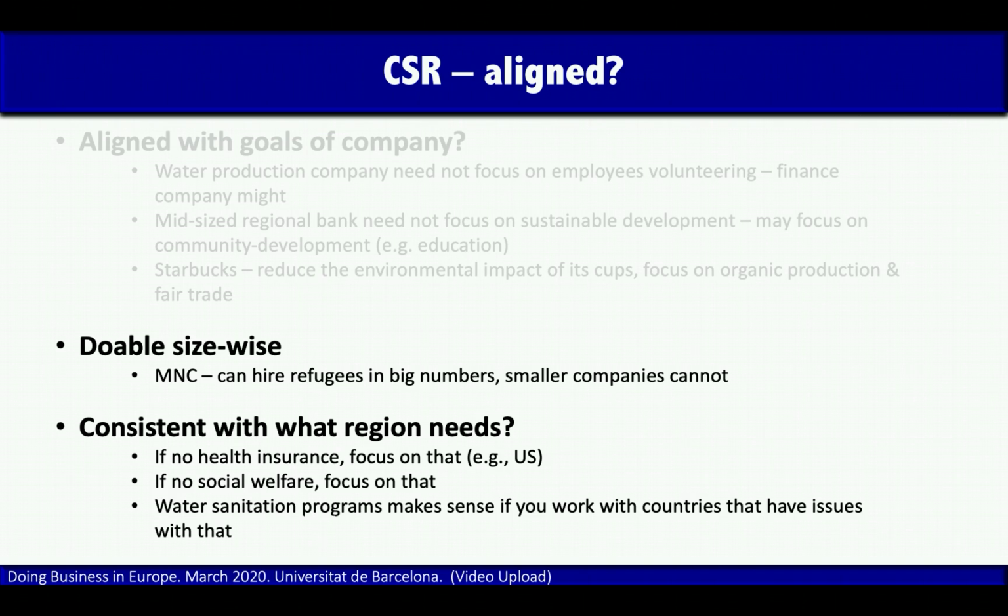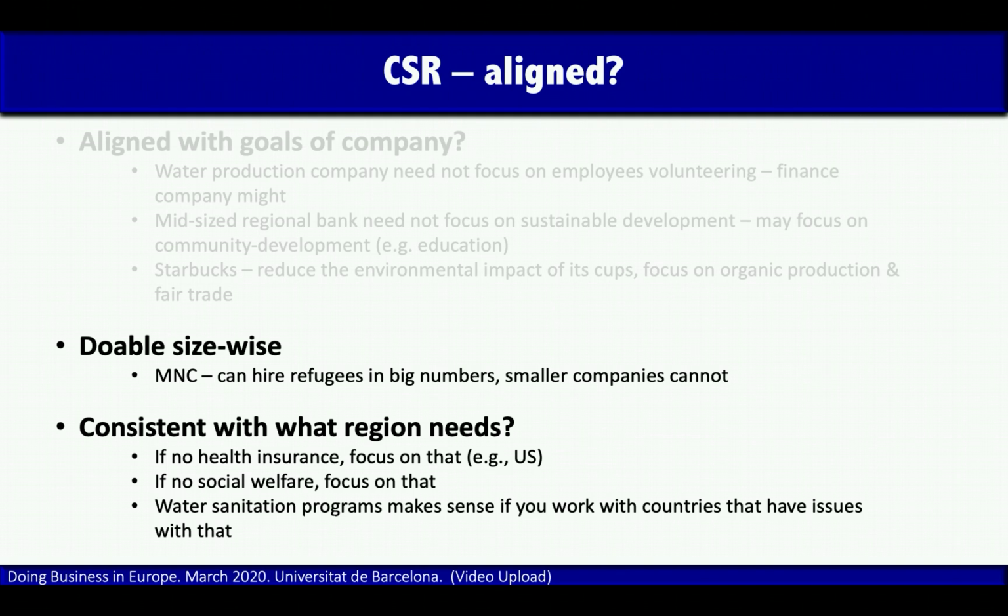Other things that firms may want to think about is whether it's doable. We talked about refugees last week, right? So you may think, I'm the firm, I really want to take care of refugees because they have a lot of issues getting jobs, and it's probably a very good idea if you want to be socially responsible to actually hire them.